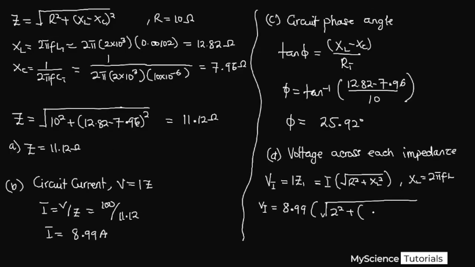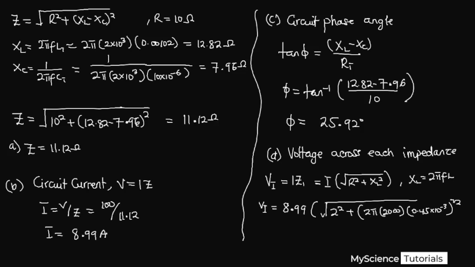So we have 2 pi, the frequency is 2000, that is 2 times 10 raised to the power 3, multiplied by 0.45 times 10 raised to the power minus 3, squared.